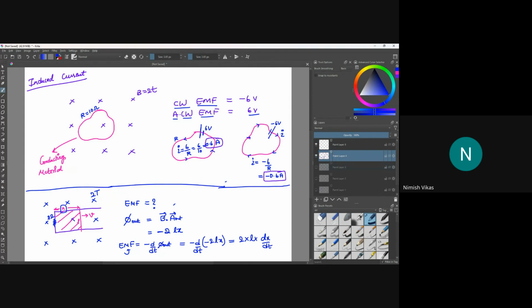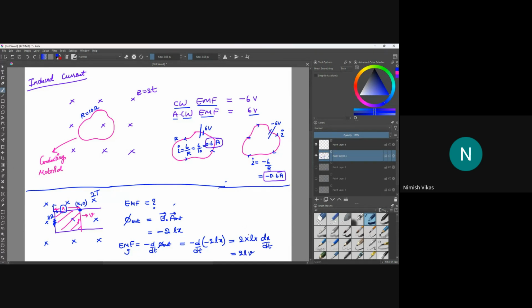Think of this as your origin, so that point's position is x comma 0. If you differentiate the position x, you get velocity v. So dx by dt is nothing but v, and you get 2Lv.